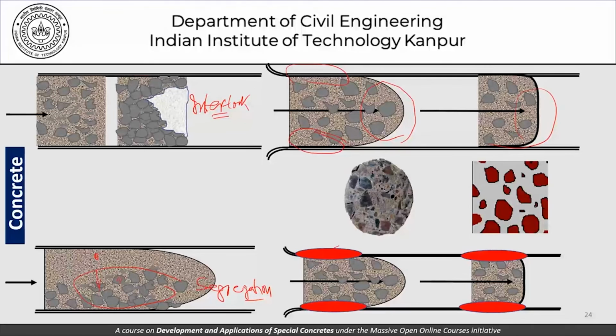And all this discussion here relates really to a concrete which is something like this, which has been modeled something like this here. So what we are talking about really is this coarse aggregate, its characteristics, and its particle size distribution. Its individual characteristics in terms of shape, etc., and particle size distribution.